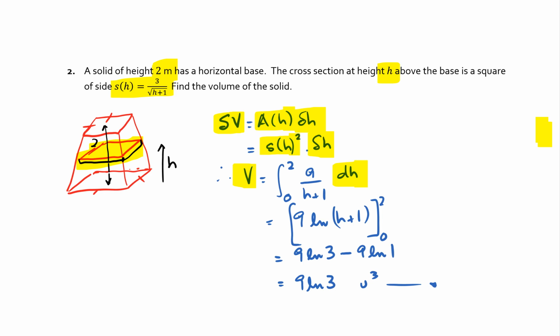There's not much to be gained by switching the variable to a y at this stage. And we're going from a height of 0 to a height of 2. And what have we got? We've got s of h all squared, which is this thing up here, all squared, which is that. And then away we go. We can just do that integral and get our answer just here.